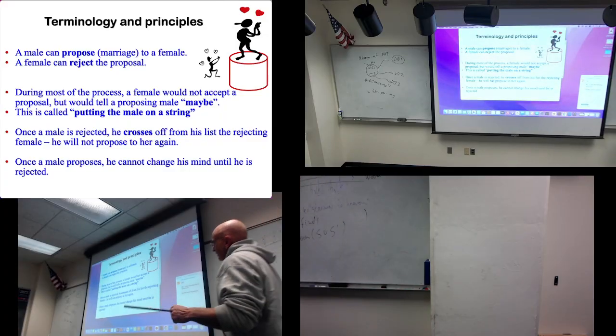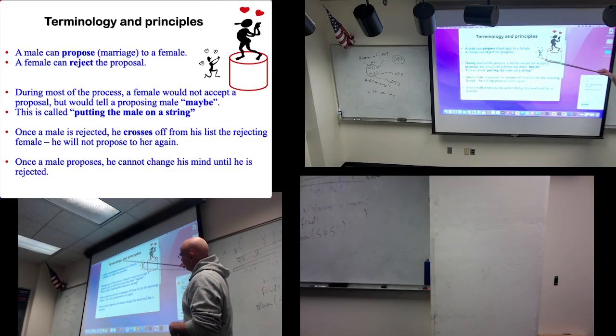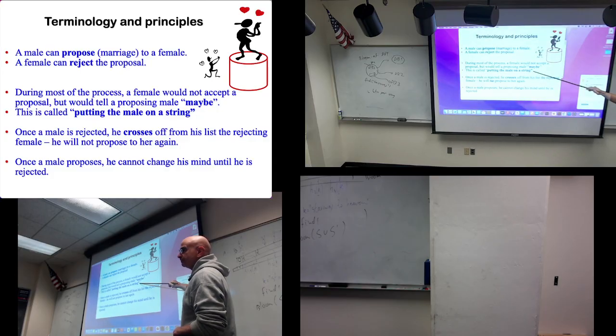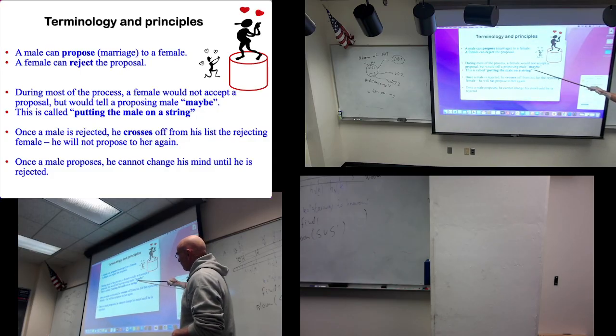And we will have the process of running the algorithm. During this process of running the algorithm, she will never tell him yes. What might she tell him? She might tell him, maybe, come back tomorrow, and I'll let you know. I'll give you another chance. Come back tomorrow and try again.